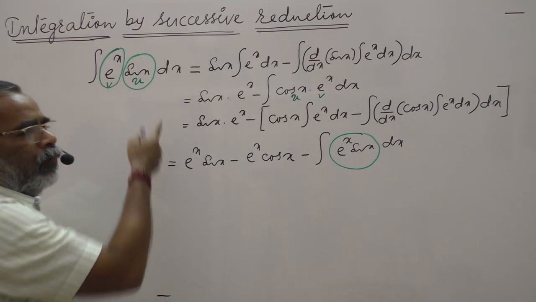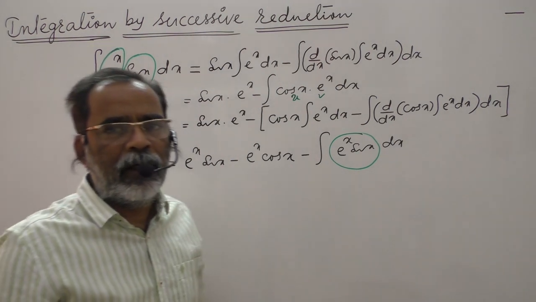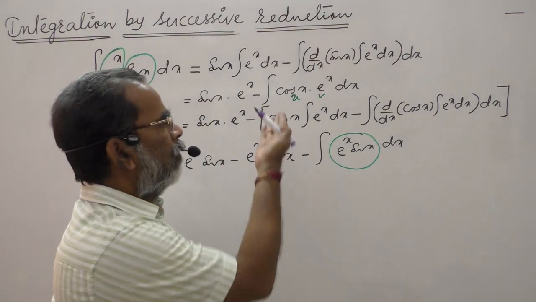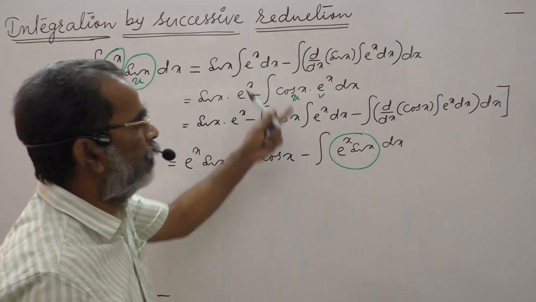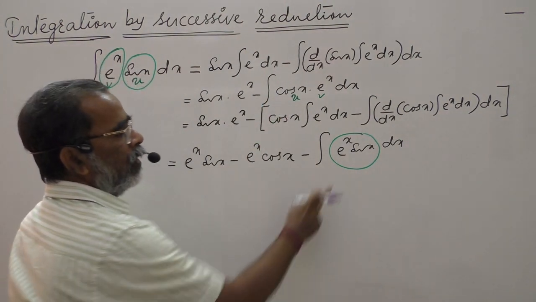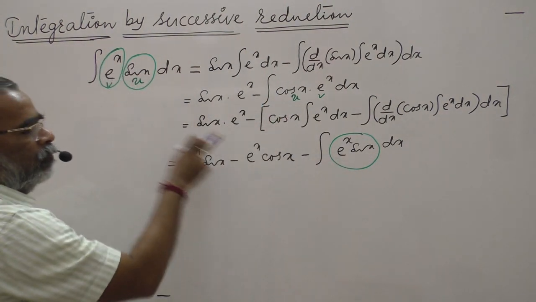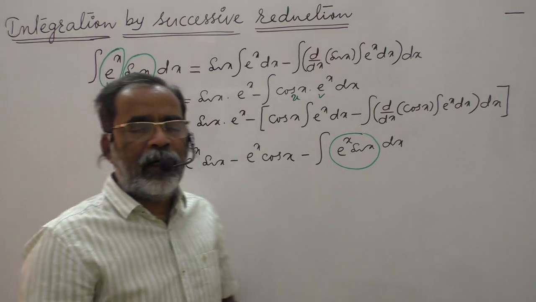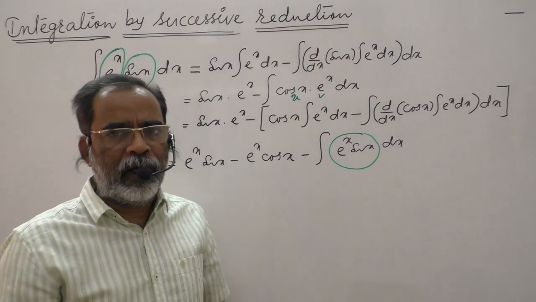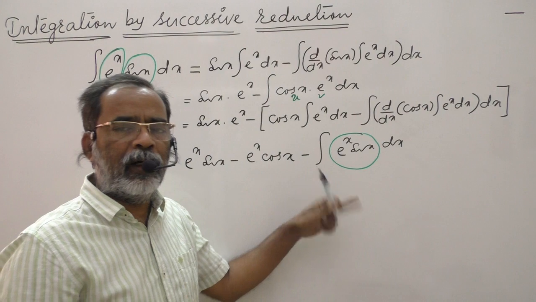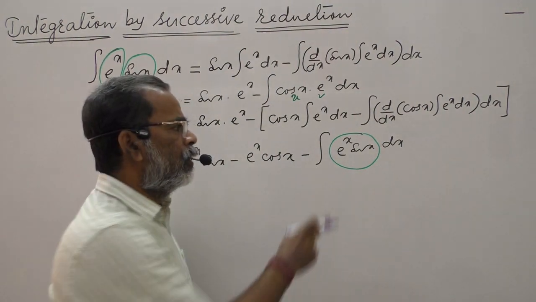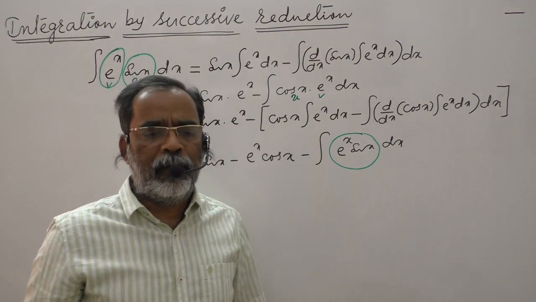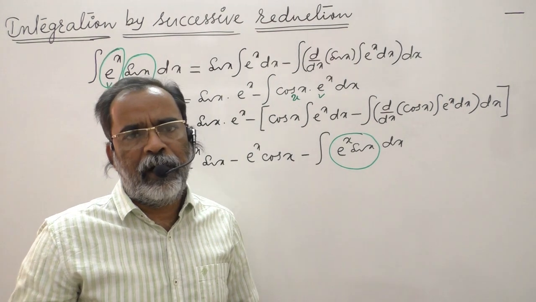Since there are two functions, we need to apply integration by parts. We have applied it two times and still the same function is there. If you integrate again, you will get the same function. This integration will not be ending.